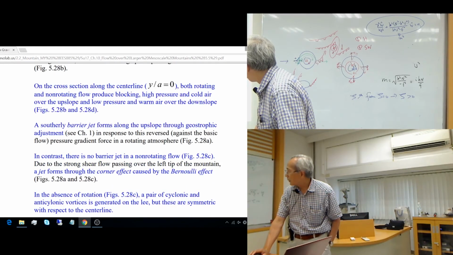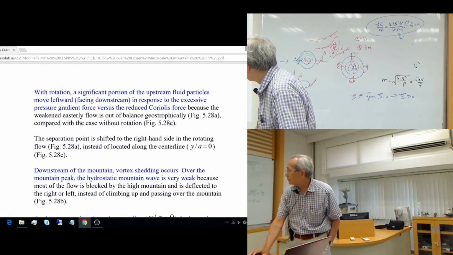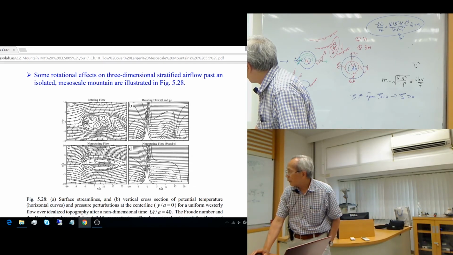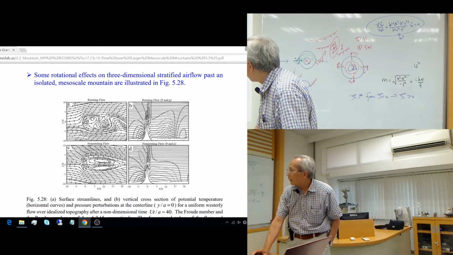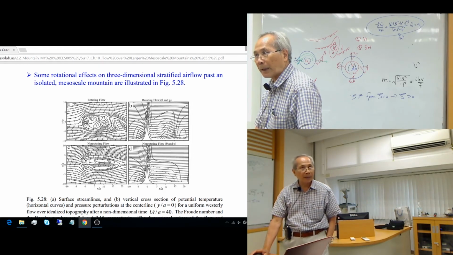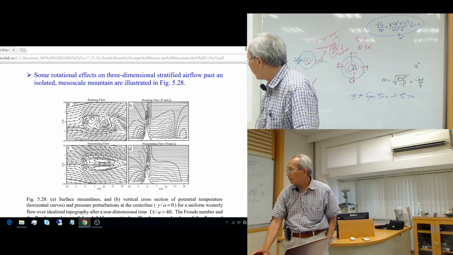So here we are talking about 5.28a. With rotation, you can see a very strong barrier flow here. For this one, you do see barrier flow, but not as strong as here.